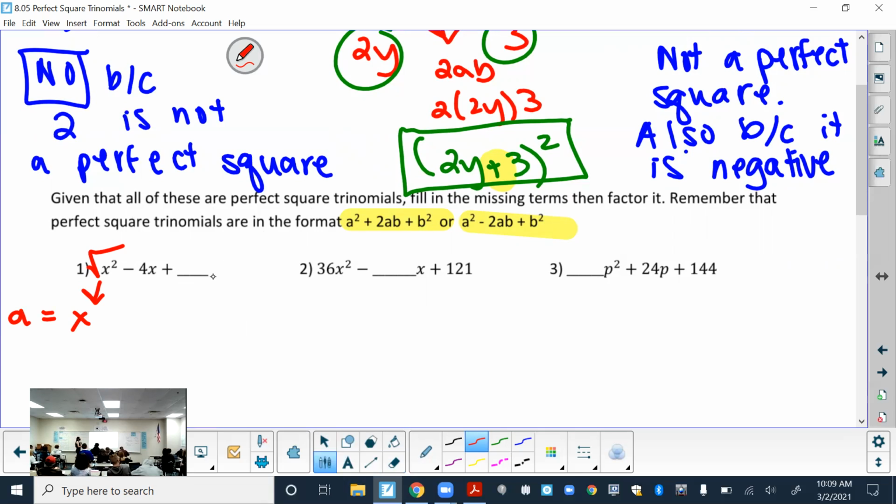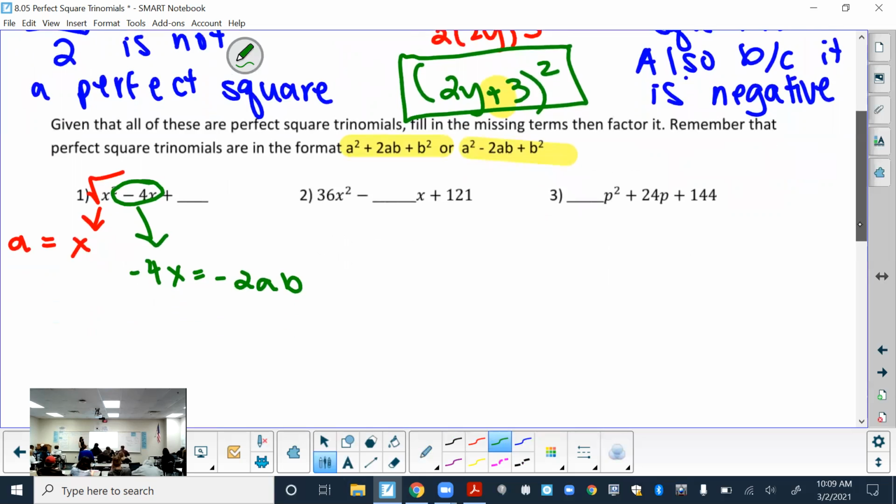We are searching for the B value, so we don't know that yet, but we are given the middle term. So we have the middle term as negative 4x, and we know that the formula for the middle term, because it's a negative, is negative 2 times A times B. Is that confusing to anyone?